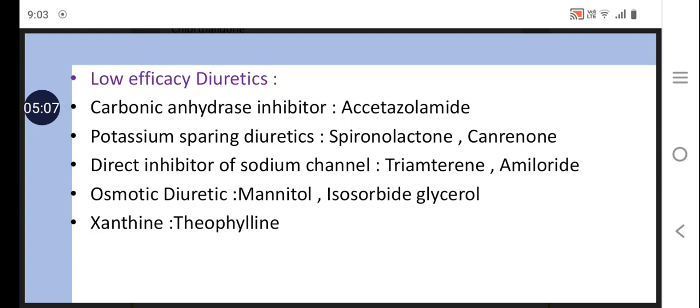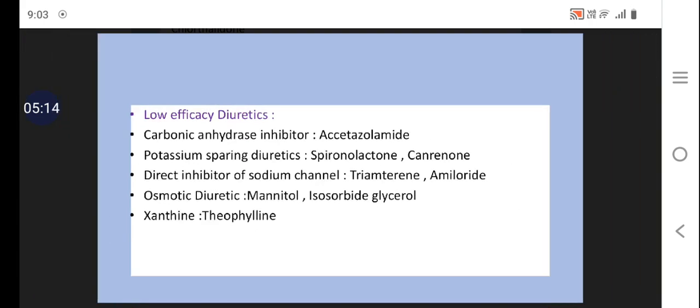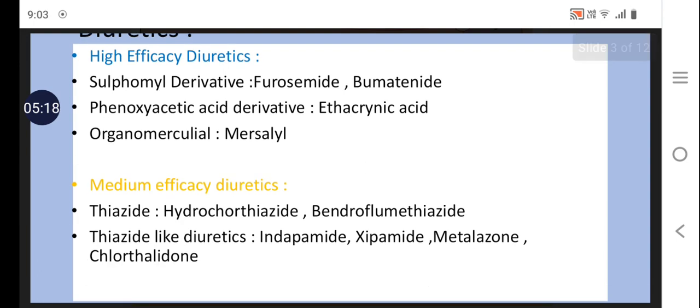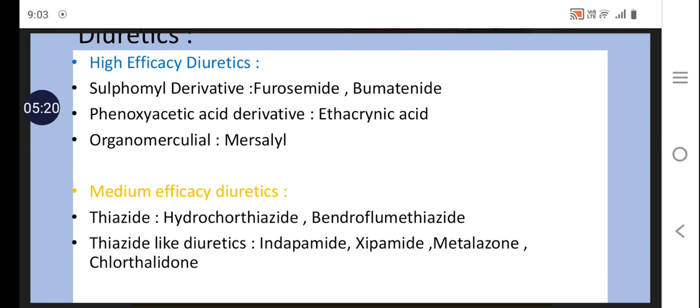So all these drugs come under the class of low efficacy diuretics, and under medium efficacy diuretics the thiazide diuretics come, and under high efficacy diuretics come the loop diuretics.